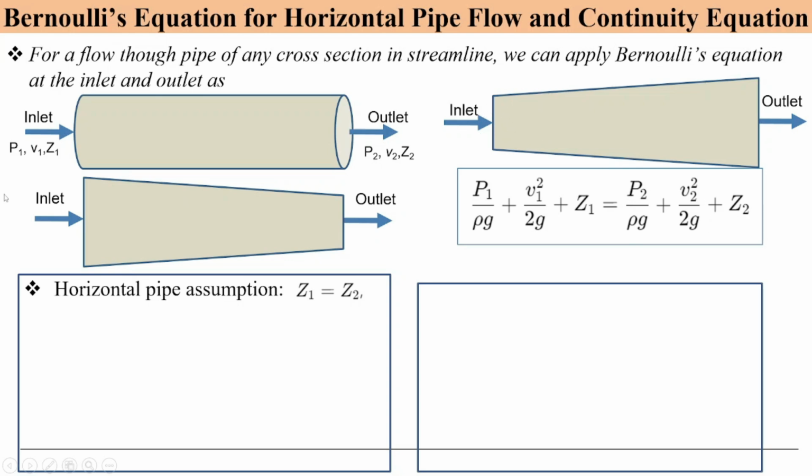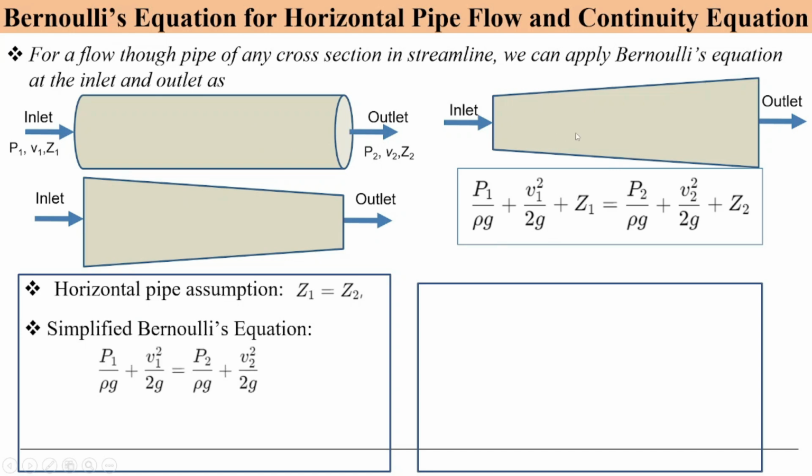For the inlet condition, on the left side, P1 by rho g plus V1 square by 2g plus Z1 will be equal to the outlet condition, P2 by rho g plus V2 square by 2g plus Z2. So this is the equation for each and every case. This principle is applicable for this shape also, this shape also, this shape also.